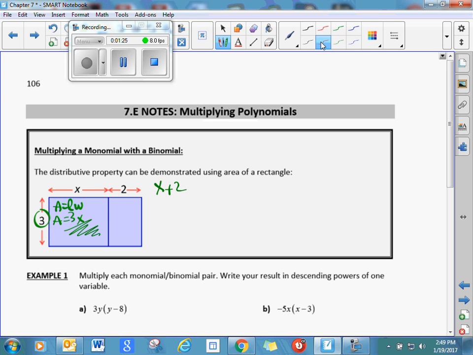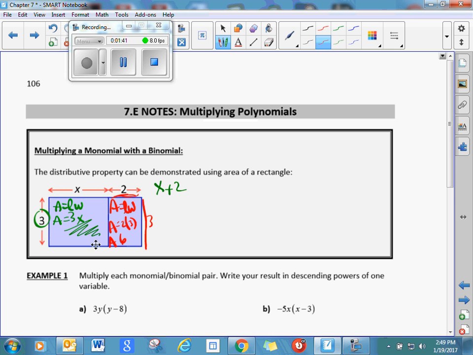And then if we look at the smaller one, area is length times width, and this is 2, and this side is 3. So its area would be 2 times 3, which is 6.